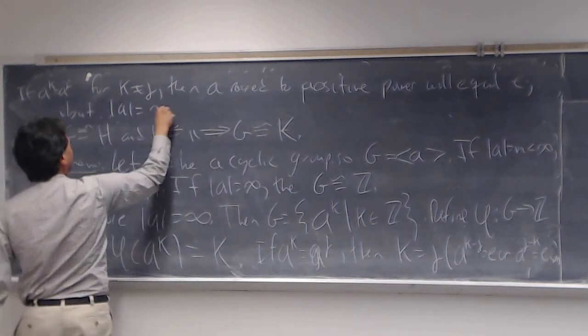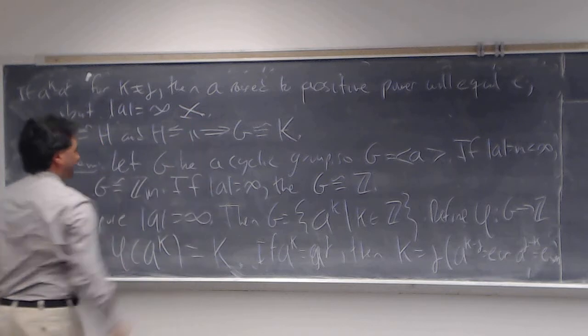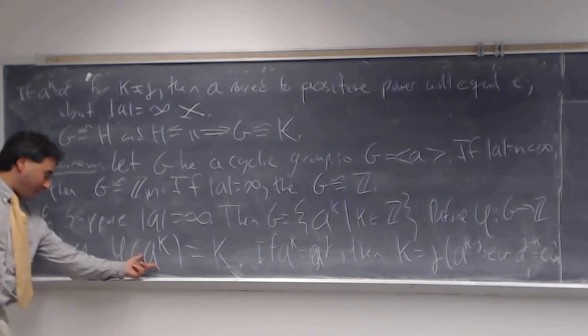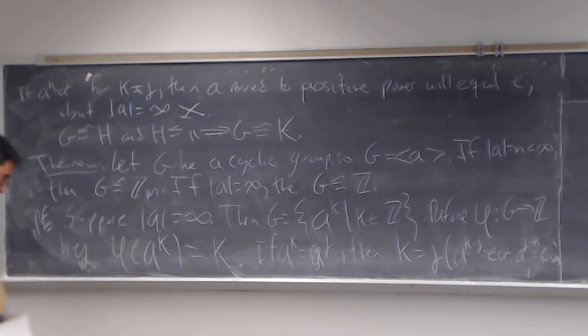But the order of A is infinite, so that's a contradiction. So there's no well-definedness issue. There's only one way to write an element of the group as A to the K.